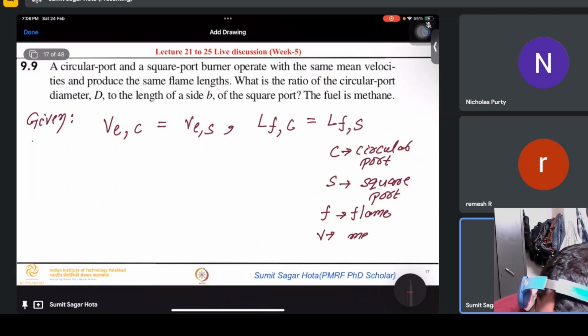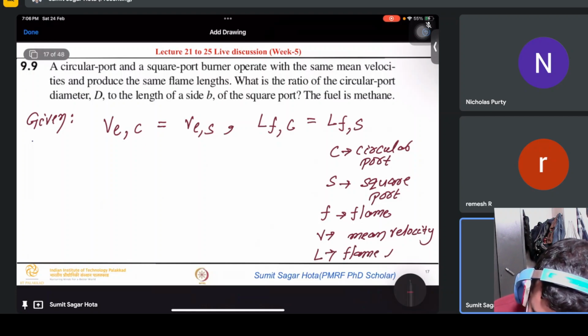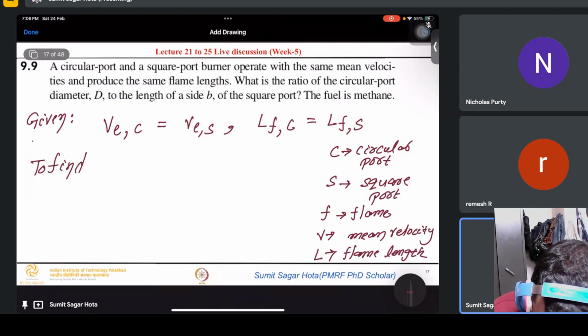Mean velocity, flame length, to find D by B.